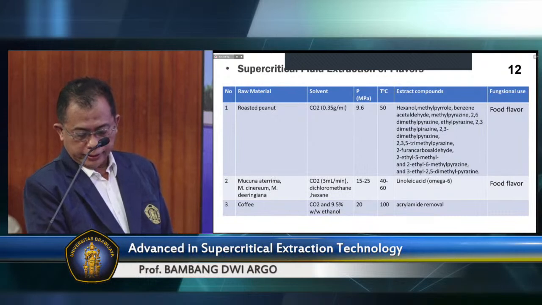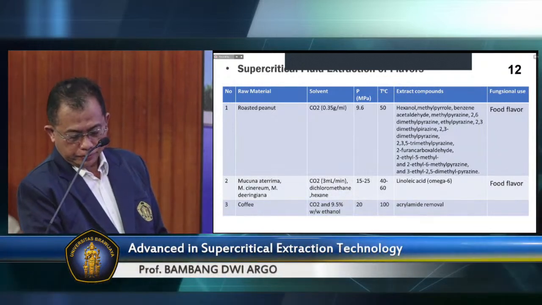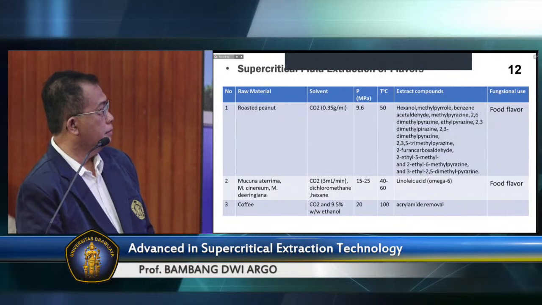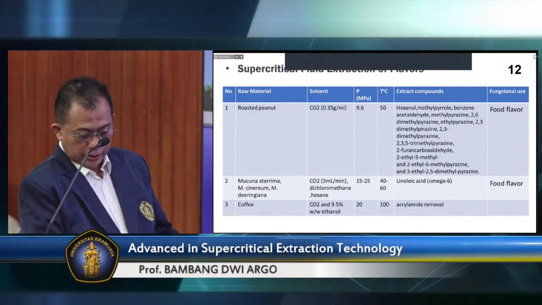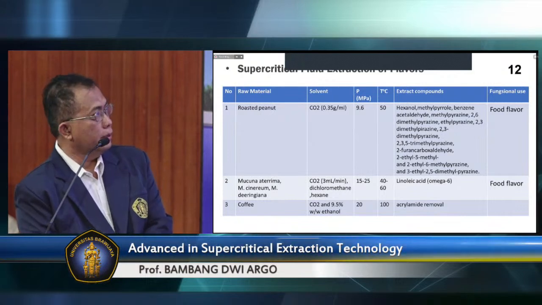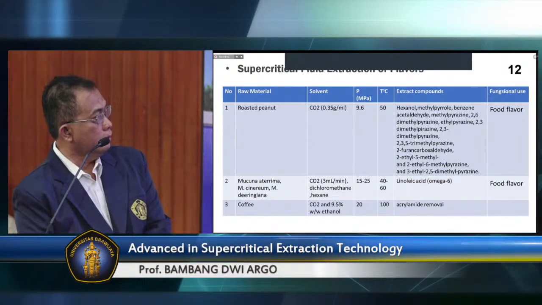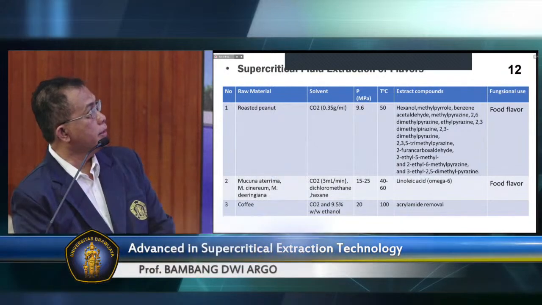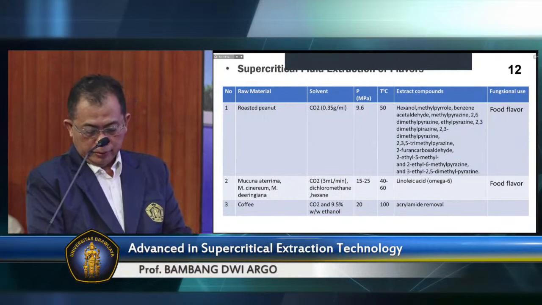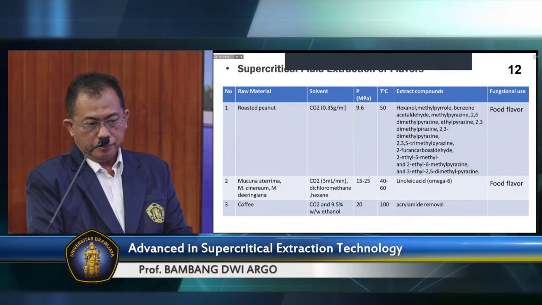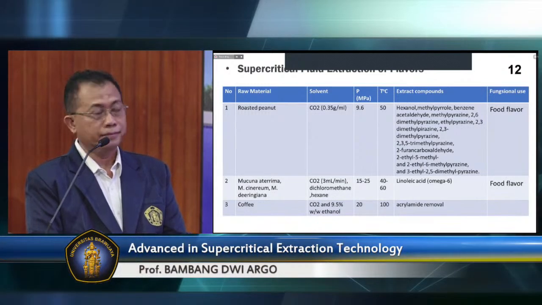And the other materials also need specific optimal conditions, like Mucuna, Atemoya, Coffee. So from this table, we can make the conclusion that in the research of supercritical fluid, we need to determine the optimal process for every material.